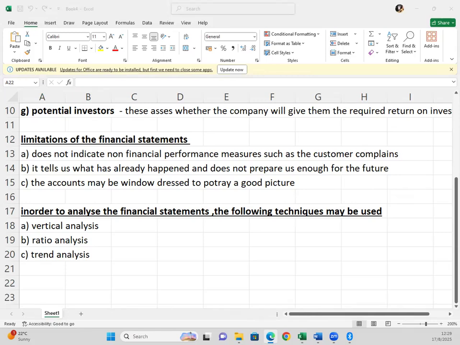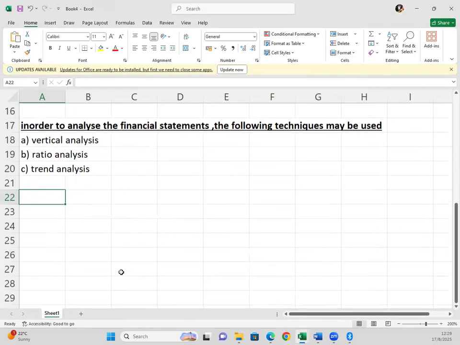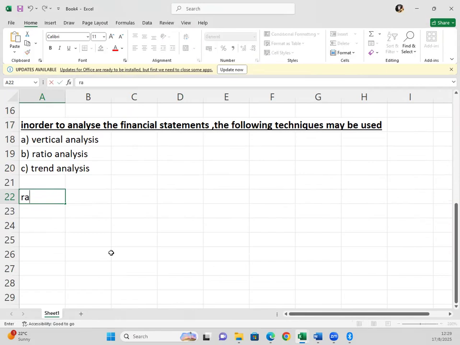The profit can have an upward trend. It has been rising over a period. So if it's the trend analysis, you are studying the change that is taking place over time. The main one that we need to know much about is the ratio analysis.